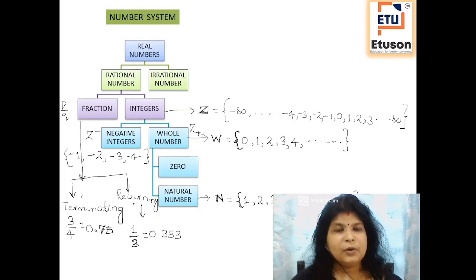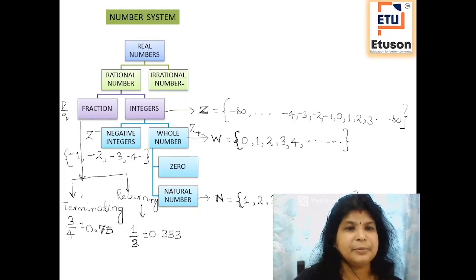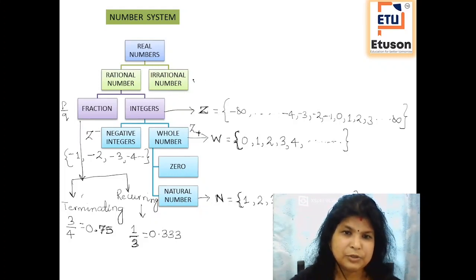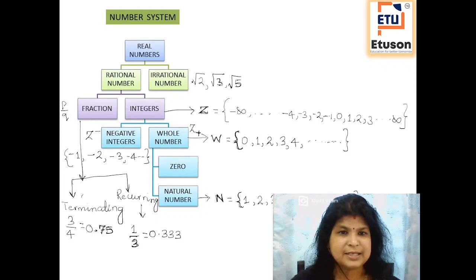Correct. Now there is something called irrational number. What do you mean by irrational number? The number which is not rational is an irrational number. Values like root 2, root 3, root 5 are irrational numbers. Both rational and irrational numbers taken together make real numbers. Real numbers are the numbers which are real, not imaginary.